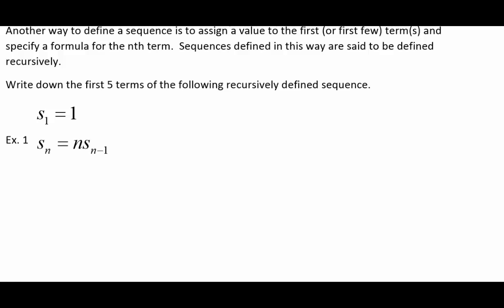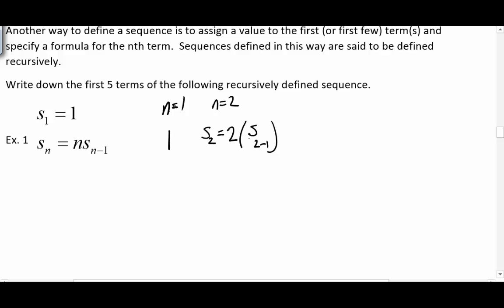Okay, so let me show you how to read this. They're telling us this S sub 1 means the first number in the pattern is 1. So when n is 1, it's 1. They just told us that. Okay, when n is 2, let me tell you how to read this. This says S sub 2, so the second number is n, so 2 times the number in the pattern at n minus 1.